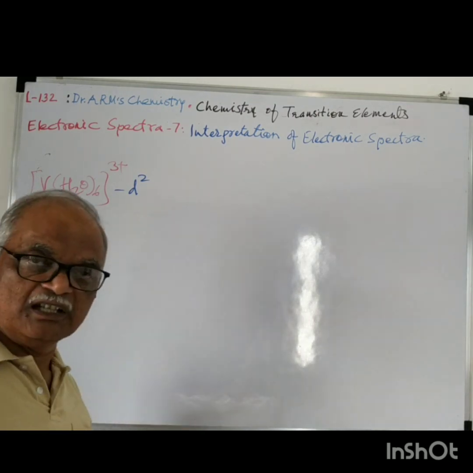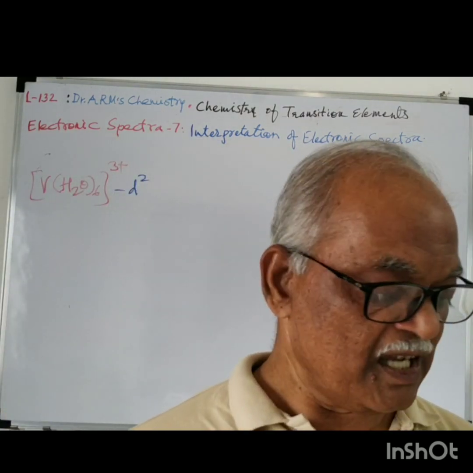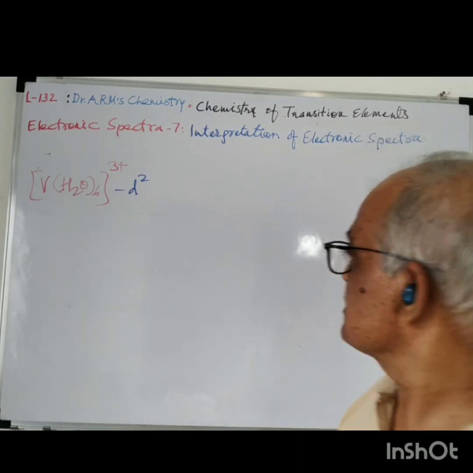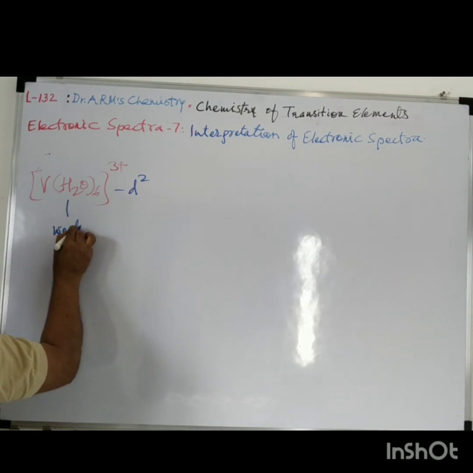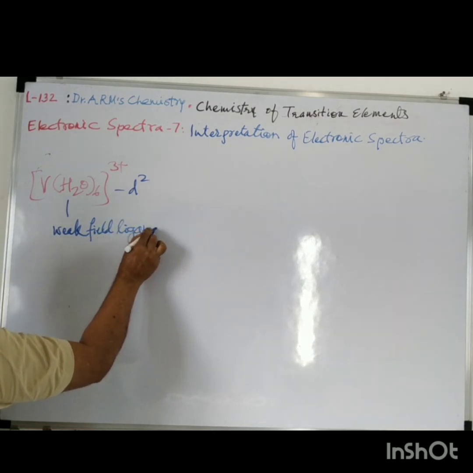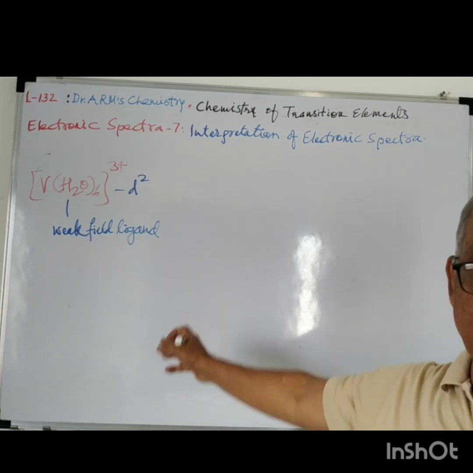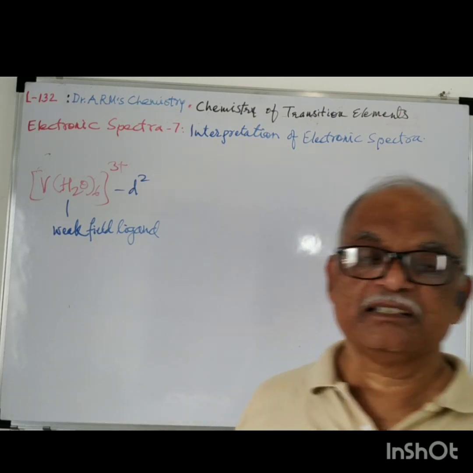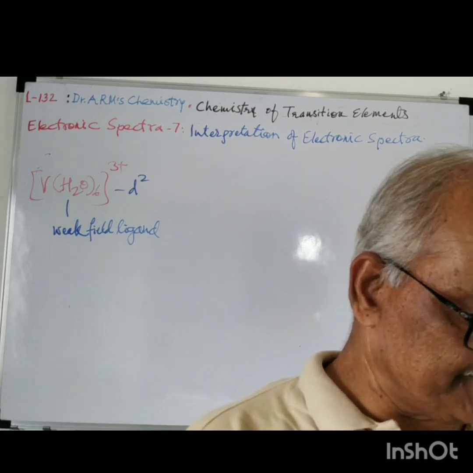We have seen in the diagram that two peaks are observed in the spectrum. Here we have to remember that H2O is a weak field ligand. The transitions are occurring close to the crossover we have shown in the diagram.